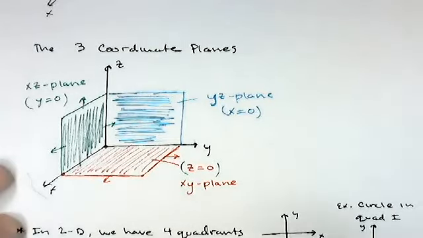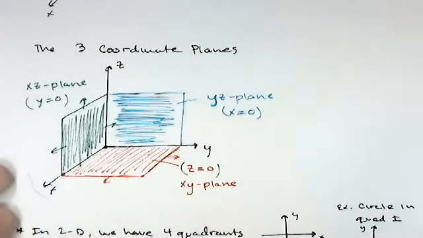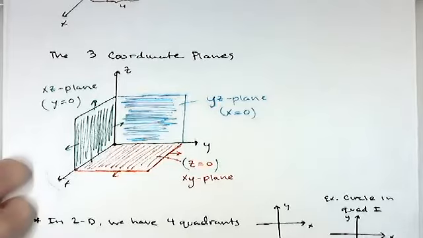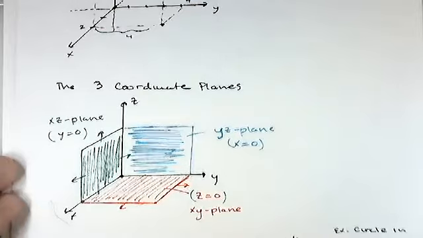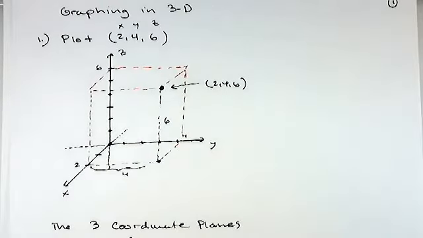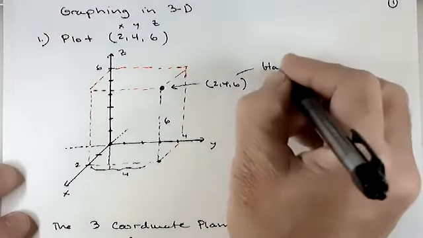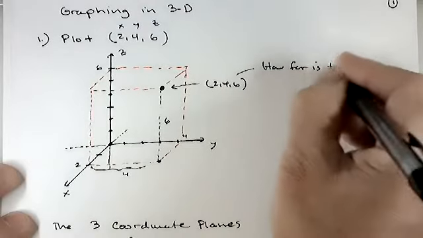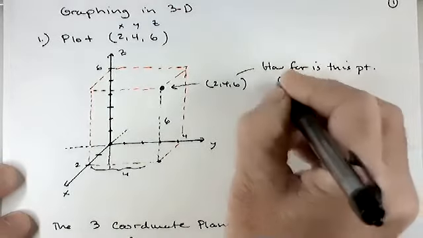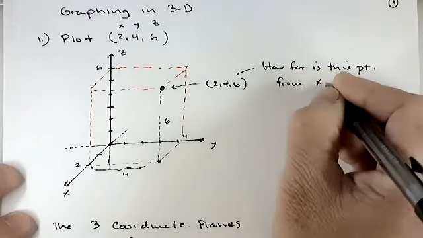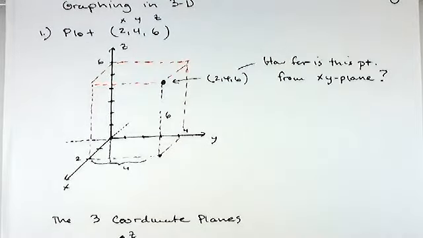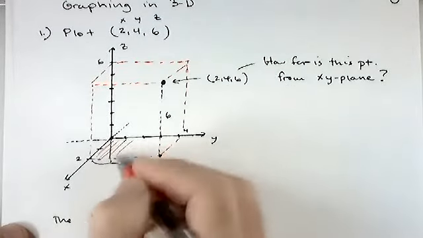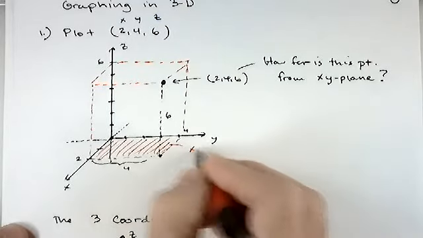Okay, so some of the questions I've seen in chapter 8.1 are really not hard if you just imagine the graph. For example, now that you know what those coordinate planes are, if I asked you how far this point is from the XY plane, we know that the XY plane is the bottom of this box, right?